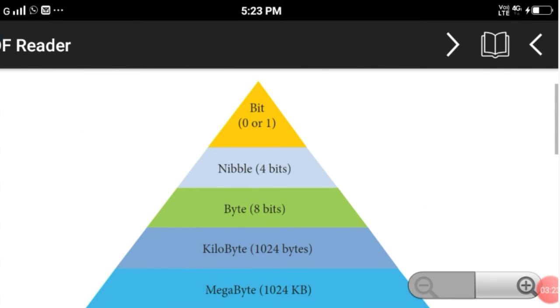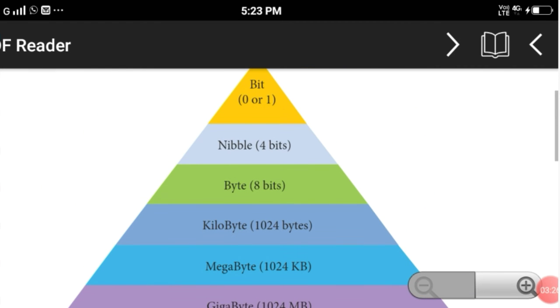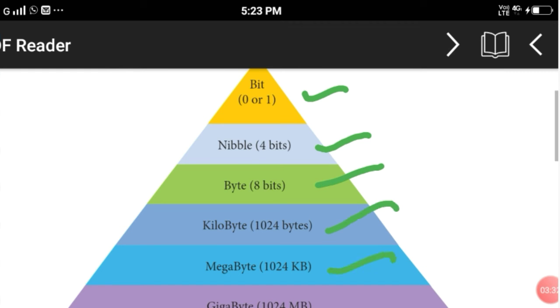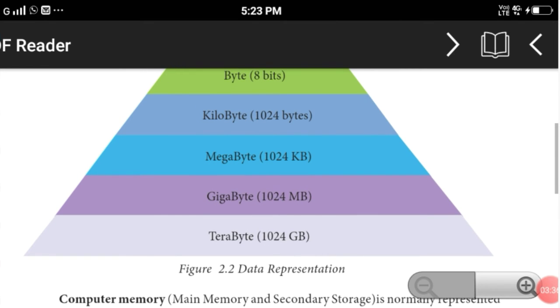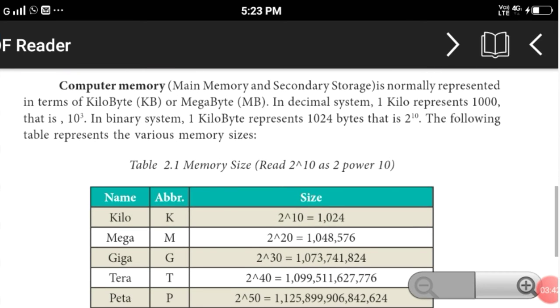See this pyramid: bit, nibble, byte, kilobyte and megabyte, then gigabyte and terabyte. Note this. Computer memory has two types: main memory and secondary memory.